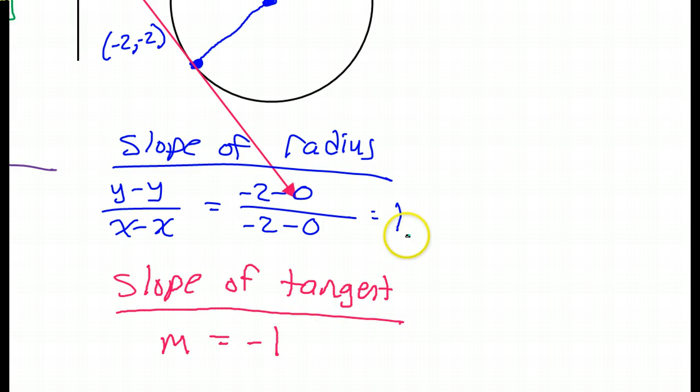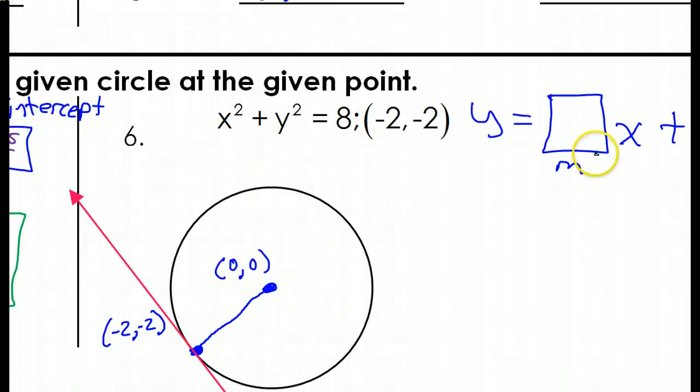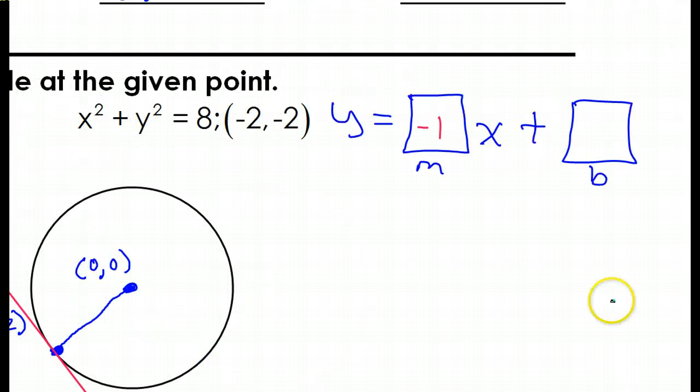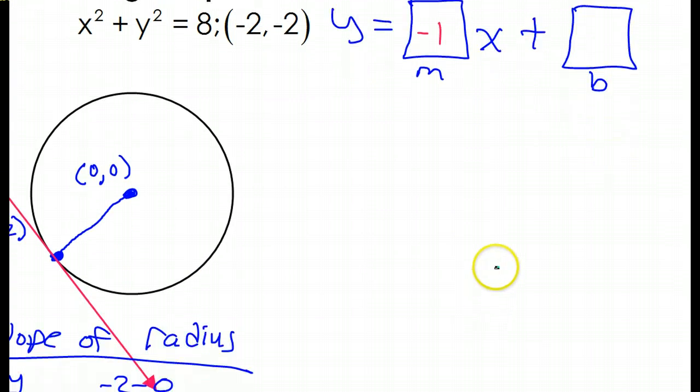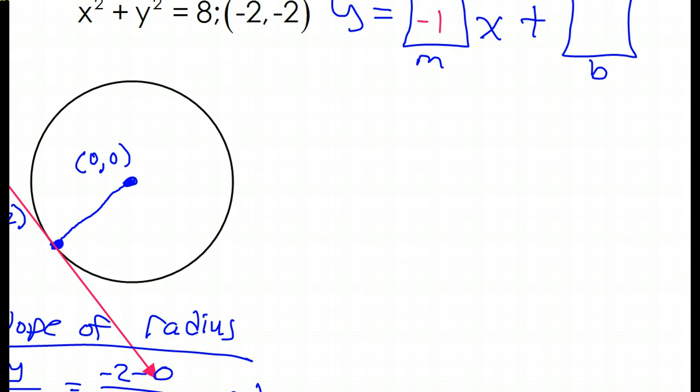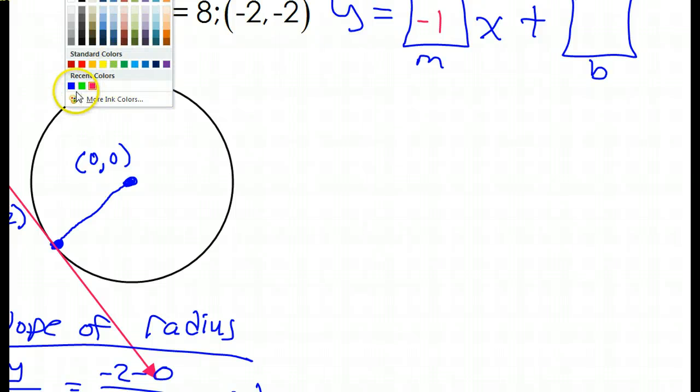And the reciprocal of 1 is still 1, because 1 over 1, if you turn it upside down, it's still 1 over 1. So all we have is negative 1. So that's half of the battle. Okay, we have the slope, so we can fill that in, negative 1. Now we still need the b, the y-intercept. So we can do that.